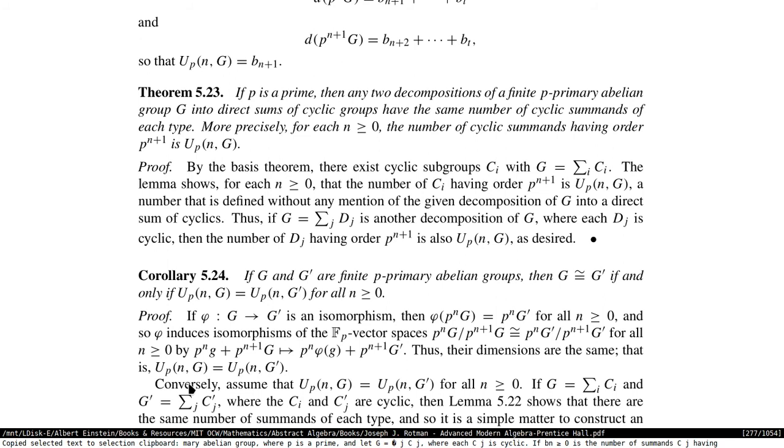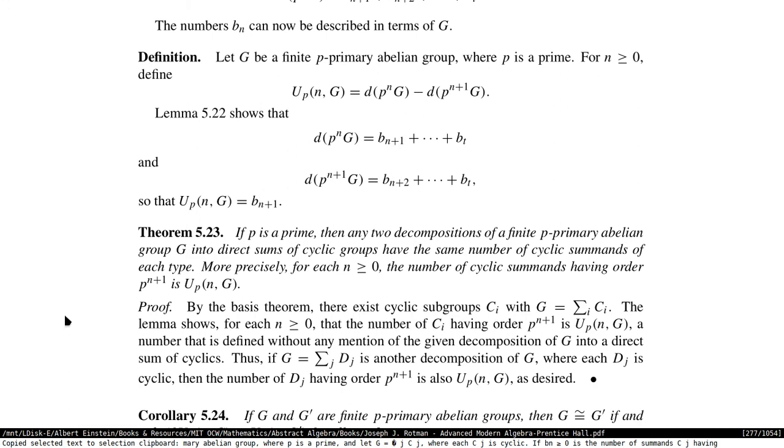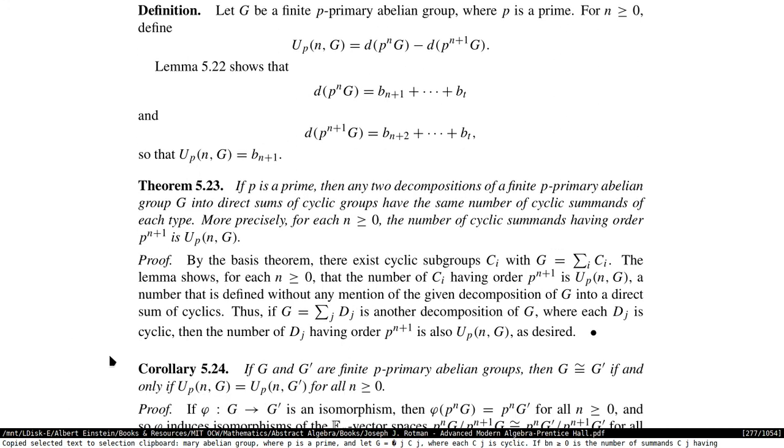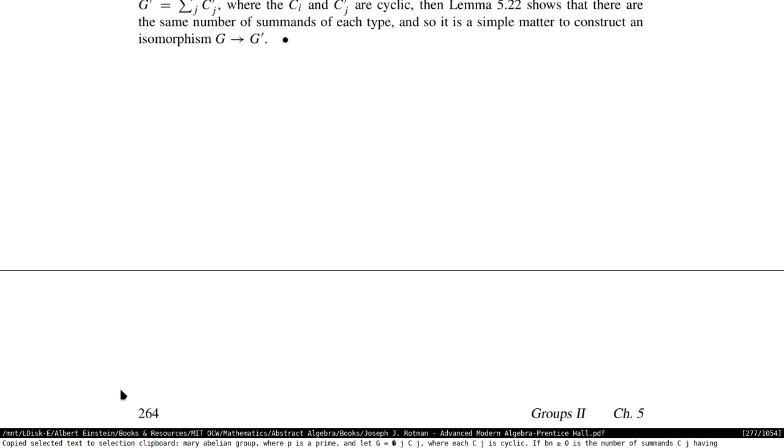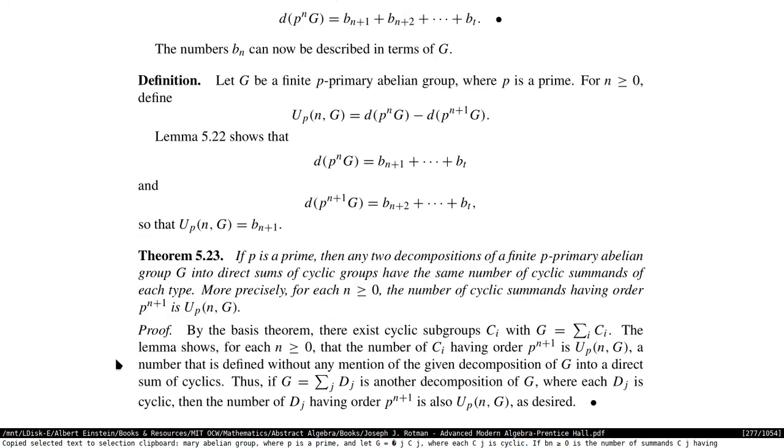A number that is defined without any mention of the given decomposition of G into a direct sum of cyclics. Right, so he is trying to go away from the cyclics. I believe cyclics are not something he wants to deal with, and that's why he introduced this.